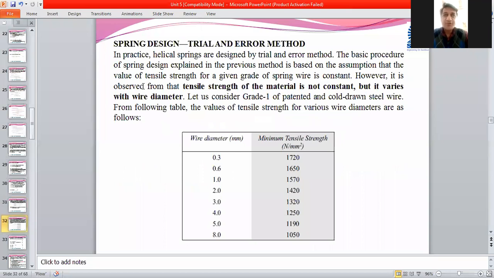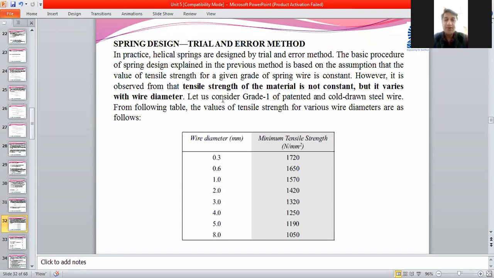Now the next point we are going to see for the spring design is the trial and error method. Now we have seen all the technical part related to the spring design.